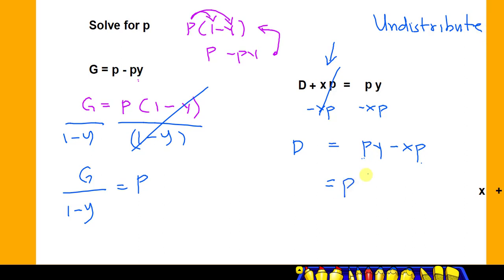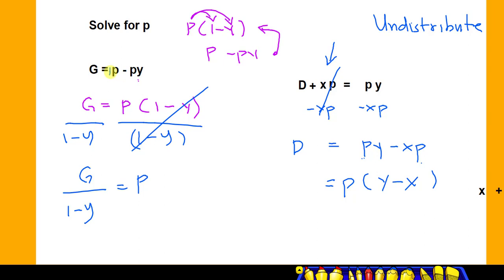What should be inside my parentheses? y minus x. There you go. I hope you were not confused. There's a 1 beside the p. We know every time there's a variable, you don't see the coefficient. It's always 1. It's like the shadow. There's a shadow in there always, which is equal to 1. So when you bring out the p outside the parentheses, that shadow will stay there.